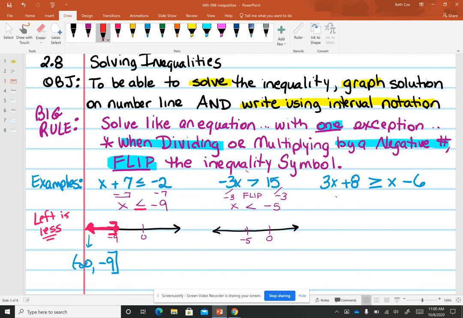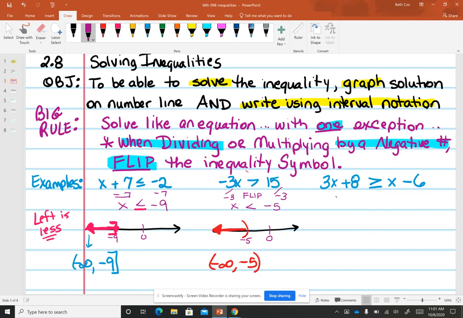I'm going to color less. This time I don't have the equals, so it's just going to be a parentheses. So I've got -infinity on the left, -5 on the right. That one has a parentheses. Infinity always takes a parentheses.